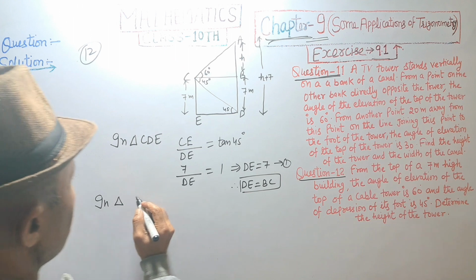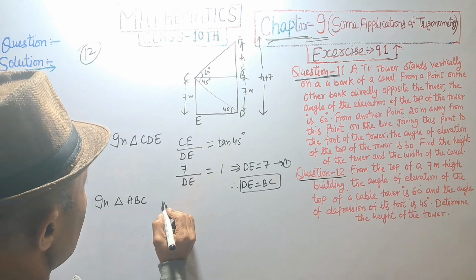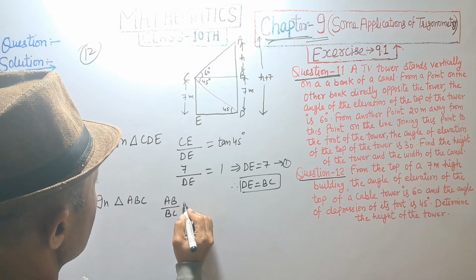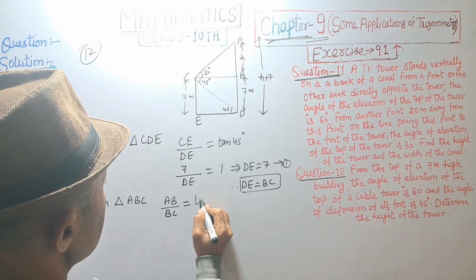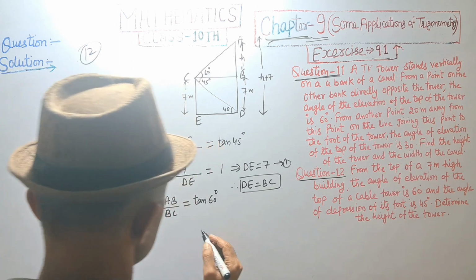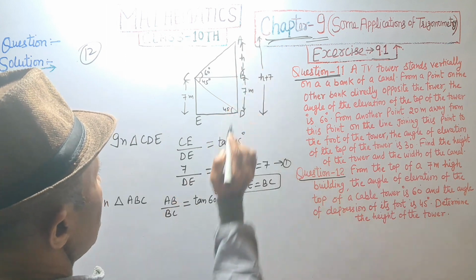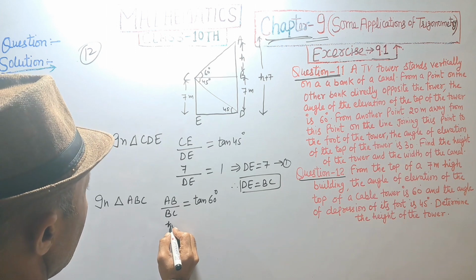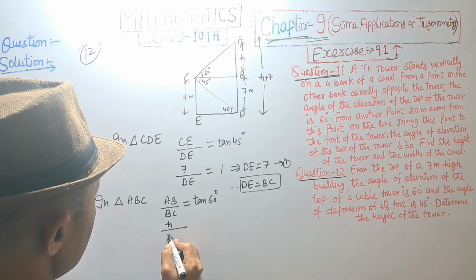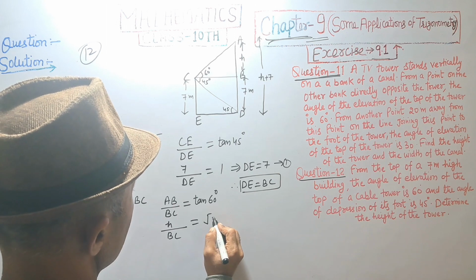In triangle ABC, AB upon BC is equal to tangent 60 degrees. AB is equal to H, and H upon BC is equal to tangent 60 degrees, root 3.